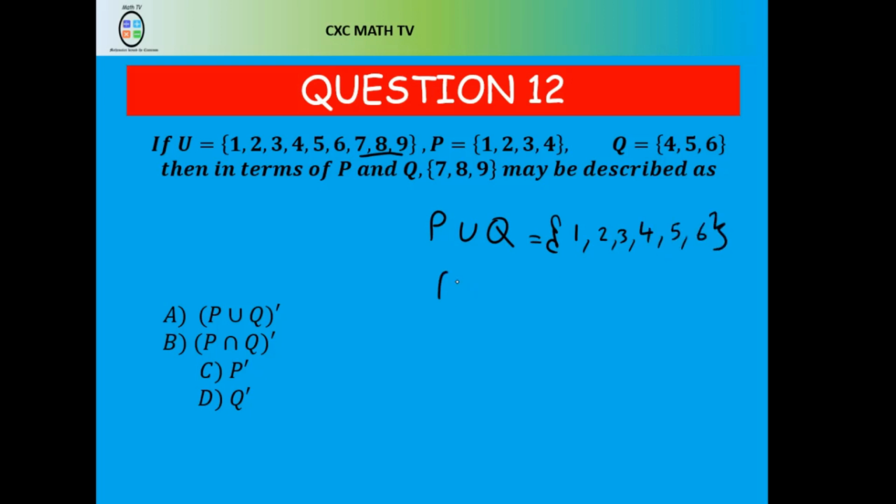So P union Q complement would be what's not inside of P or Q, which is just 7, 8, 9, those that we're left with. So in that case, it is option A.